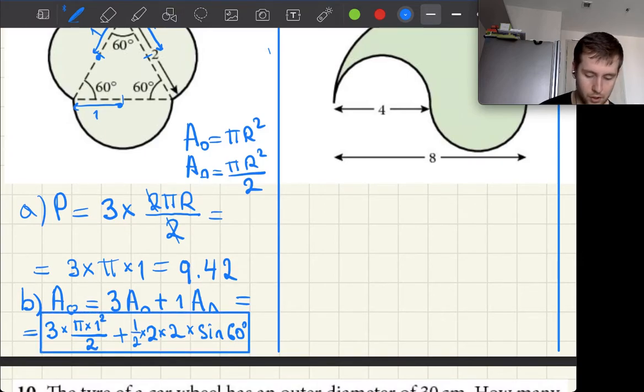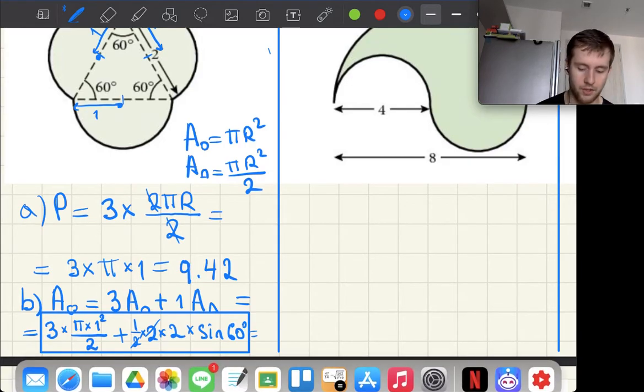Right, we can actually simplify it a little bit. So here you're going to have 3/2 pi, and basically times 2 sines of 60.